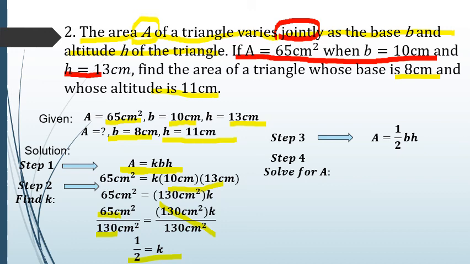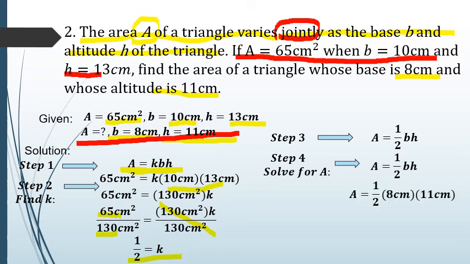So, dito naman sa step 4, ang gagamitin natin ay ang pangalawang given. So, yung formula ulit, A equals 1/2 times B times H. So, ang B gagawing 8 centimeters, ang H gagawing 11 centimeters. Magkakaroon tayo ng A equals 1/2 times 8 centimeters times 11 centimeters. So, i-multiply natin ito.